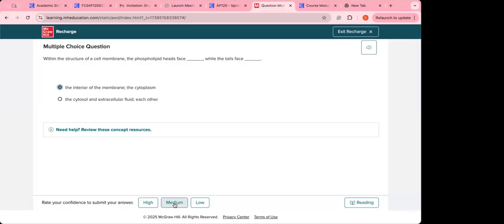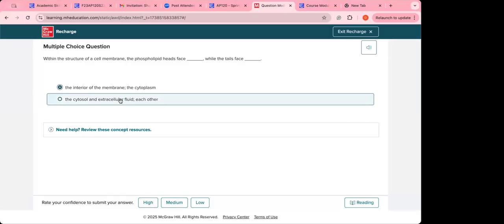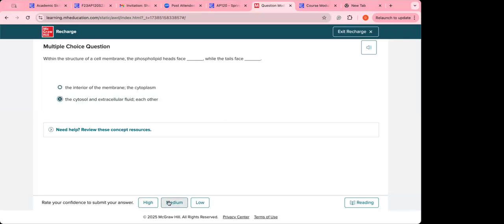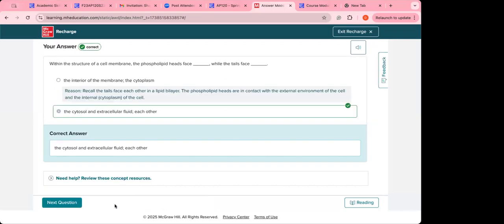So that's cytosol, extracellular. So it's going to be the phospholipid heads face the cytosol because they face inward, and the tails face each other.